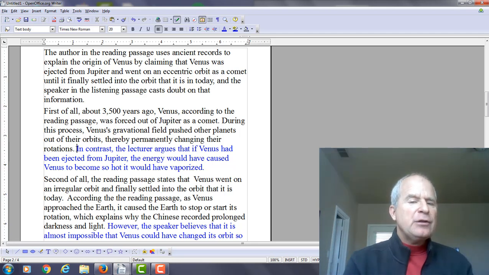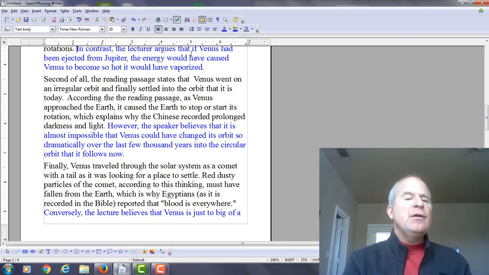In contrast, the lecture argues that if Venus had been ejected from Jupiter, the energy would have caused Venus to become so hot it would have vaporized. Second of all, the reading passage states that Venus went on an irregular orbit and finally settled in the orbit that it is in today. I need to put the preposition there.